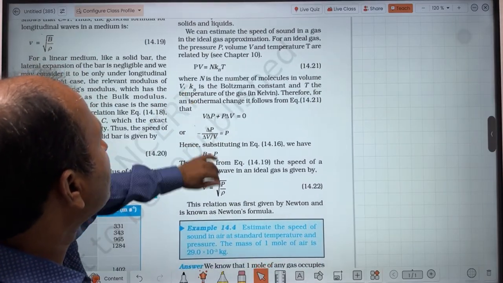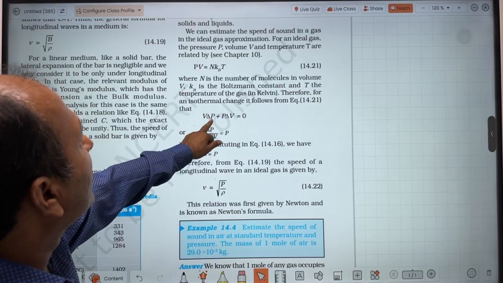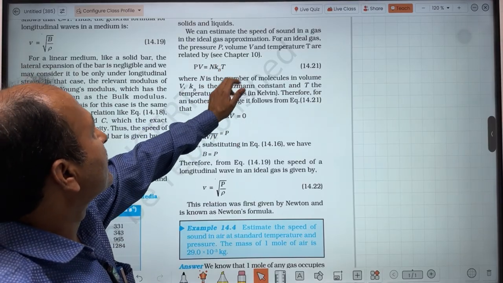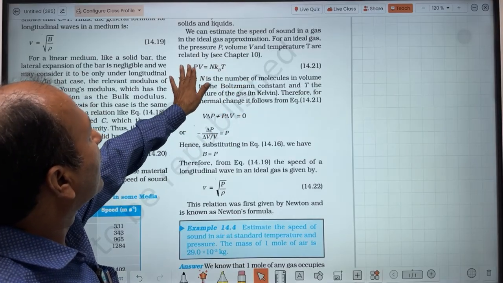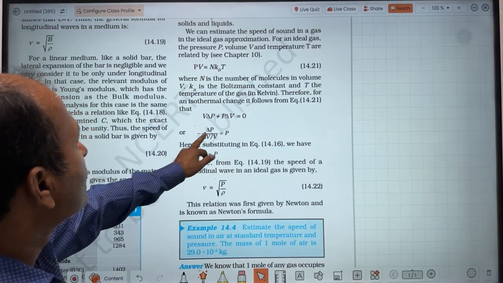So here we can differentiate it. If we differentiate, we get V delta P plus P delta V, and in the RHS everything is constant, so that will become 0. Here we have assumed a product of two functions and then differentiated.